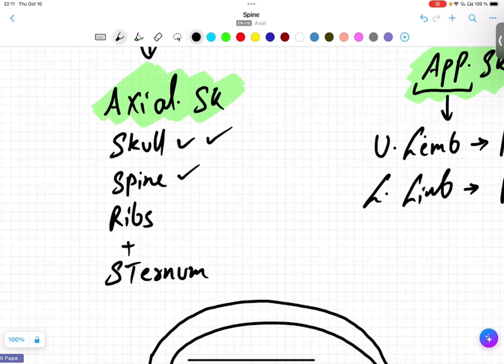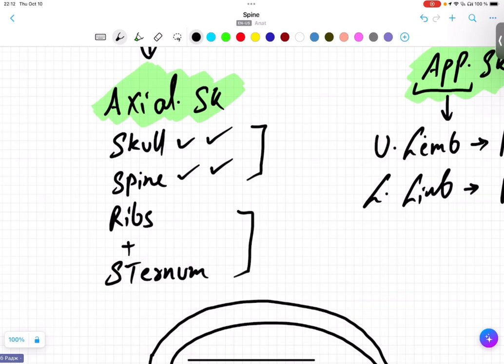Skull is for the protection of the brain. Spine is for the protection of the spinal cord because they are very soft and delicate structures and they need protection. For example, your friend came to slap you and he accidentally hit you on your brain. You would have died. But if you have protection from the skull, even if he hits you with a baseball bat, you will still be okay.